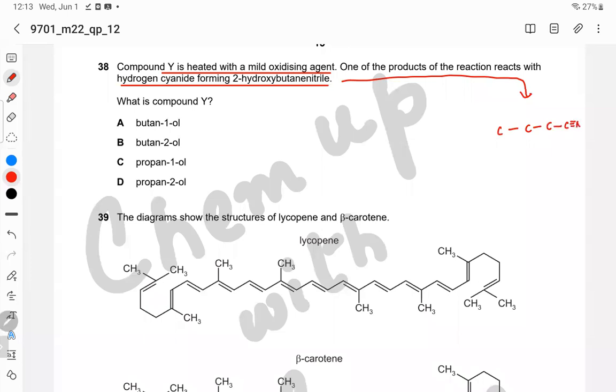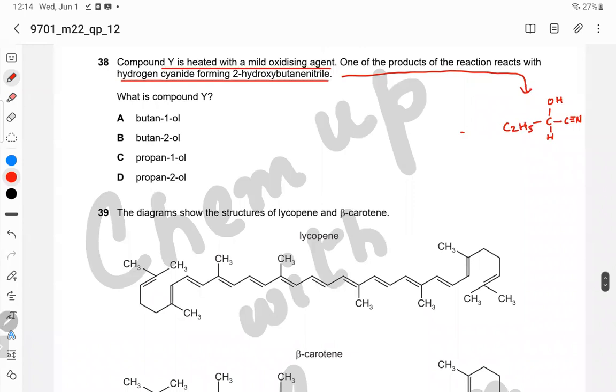This is the first carbon which has a nitrogen on it. On the second carbon we are getting an OH, right? So the remaining part remains the same, so it must be C2H5CHOHCN.